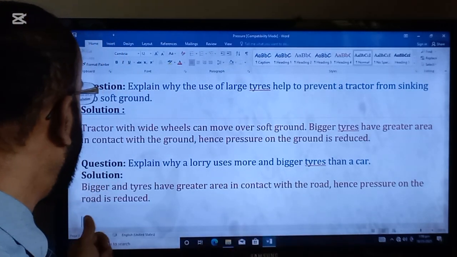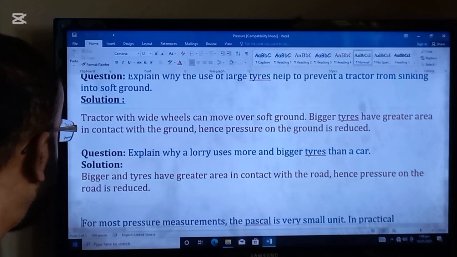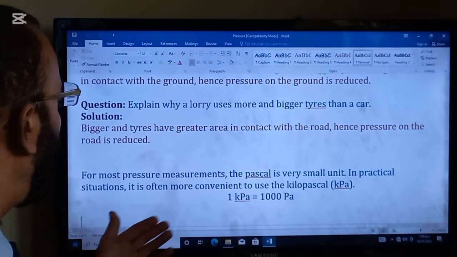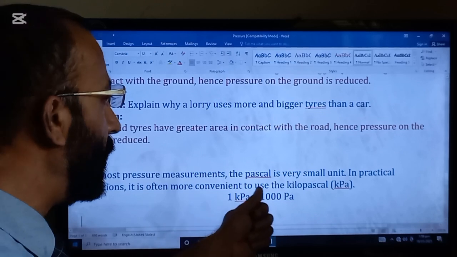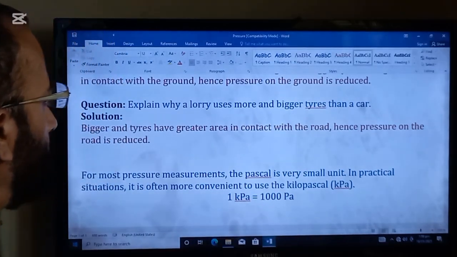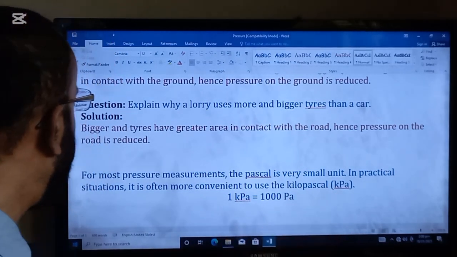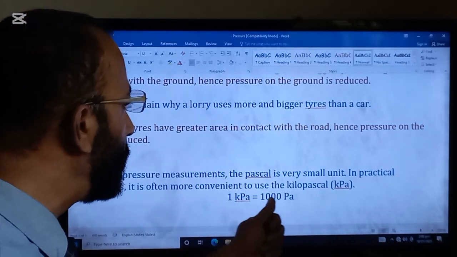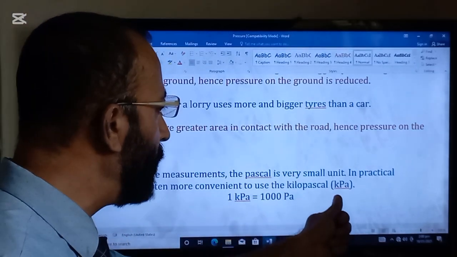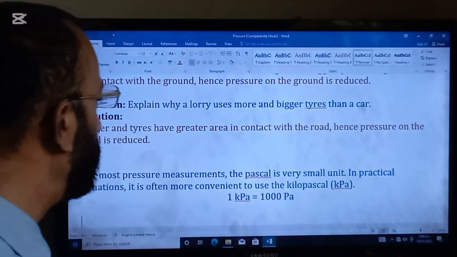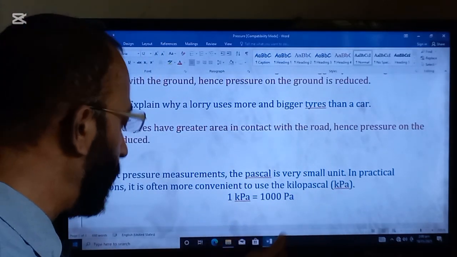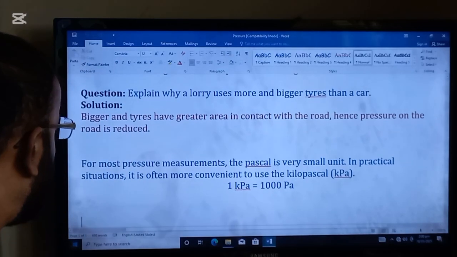Hence pressure on the road is reduced. For most pressure measurements, the pascal is a very small unit. In practical situations, it is often more convenient to use kilopascals. The abbreviation is kPa, and 1 kilopascal is equal to 1000 pascals.